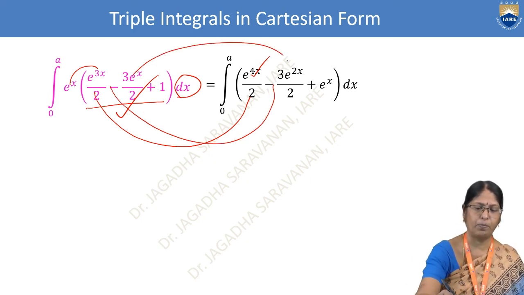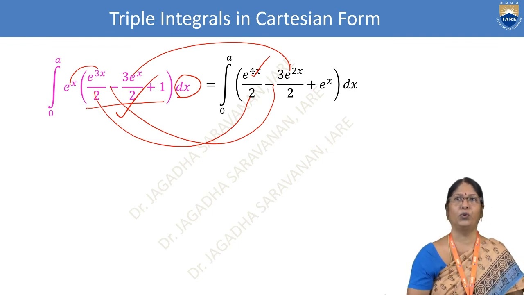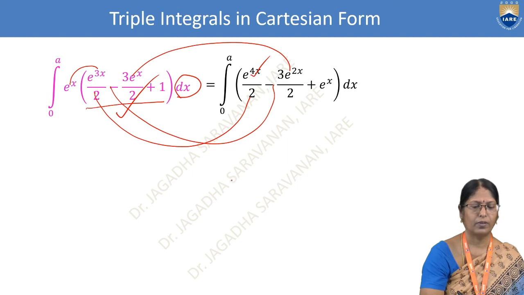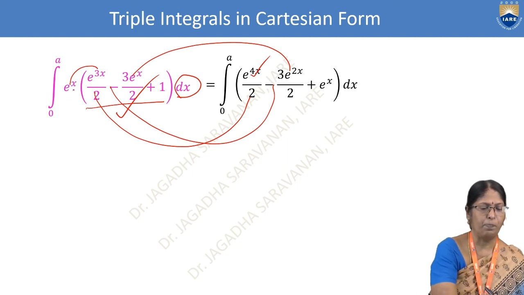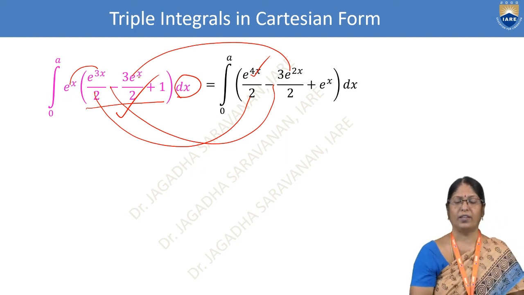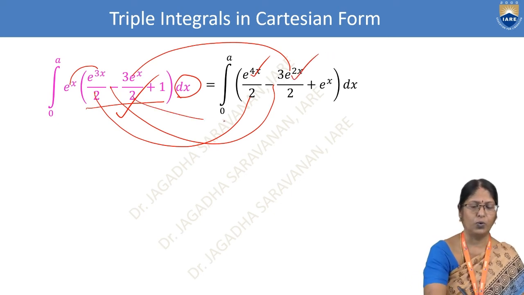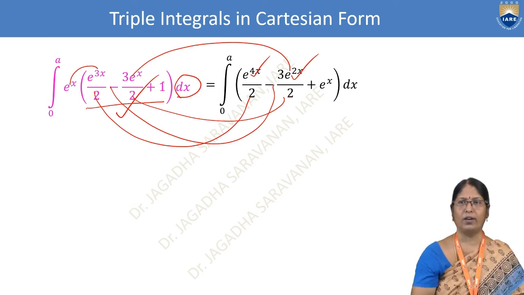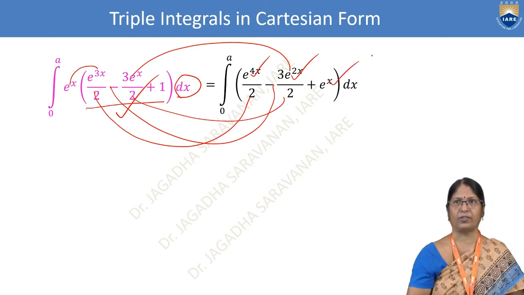Next, this 3 into e^x into e^x has become e^(2x). This 2 is as it is. So e^x into 1 is e^x.